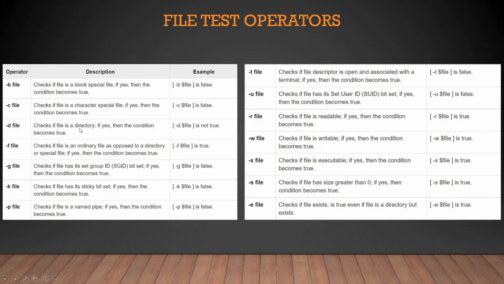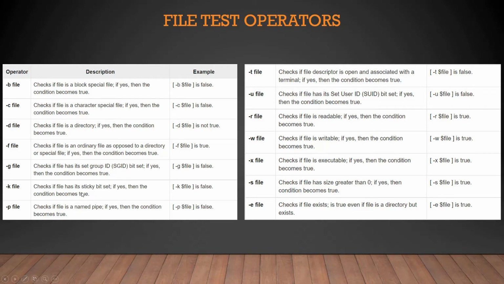Hyphen d checks for a directory, directory means a folder. Hyphen f checks if it's an ordinary file as opposed to a directory or a special file, if yes then the condition becomes true. Hyphen g checks if the file has the group SGID bit set, if yes then the condition becomes true.